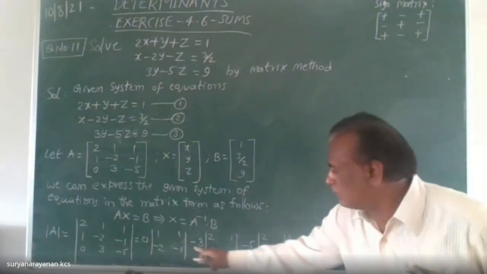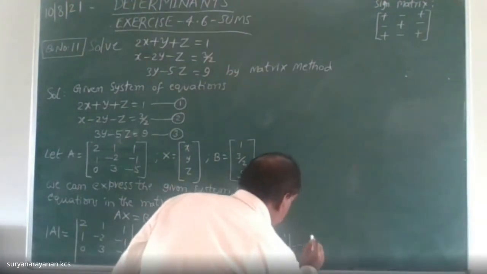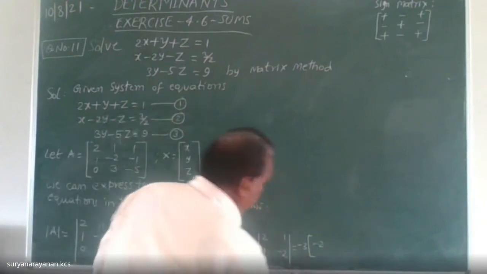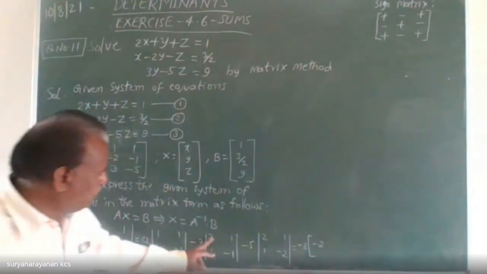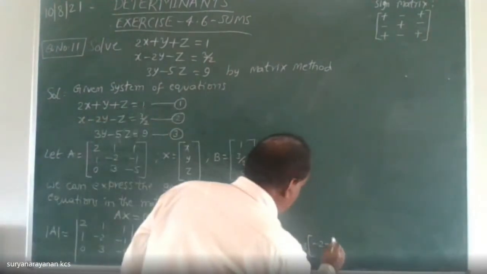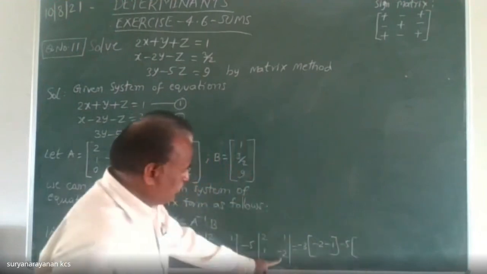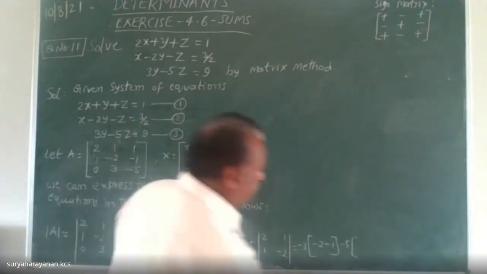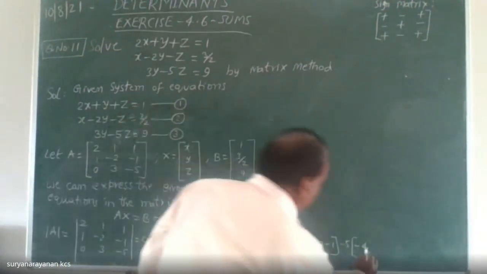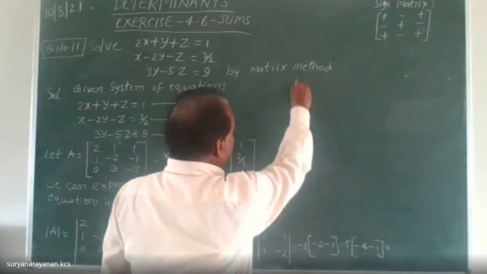Ignore the first term. So minus 3 into 2 into minus 1, minus 2, 1 into 1, minus 1. Directly I am writing the values. Minus 5 into 2 into minus 2, minus 4, 1 into 1, 1, minus 1. So finally what we get here?